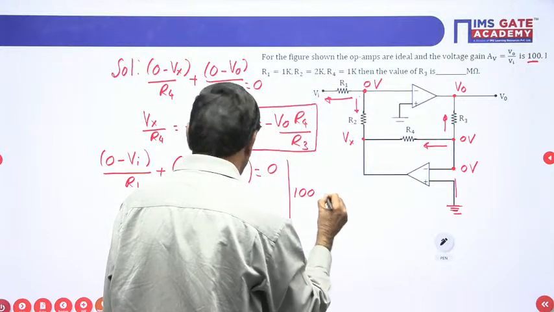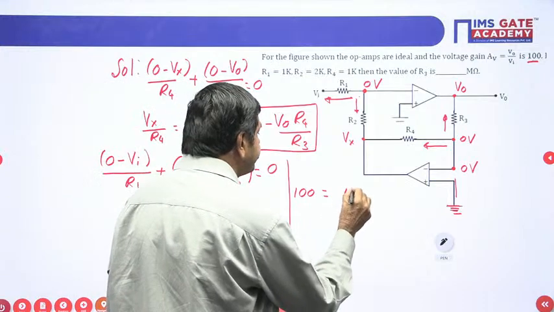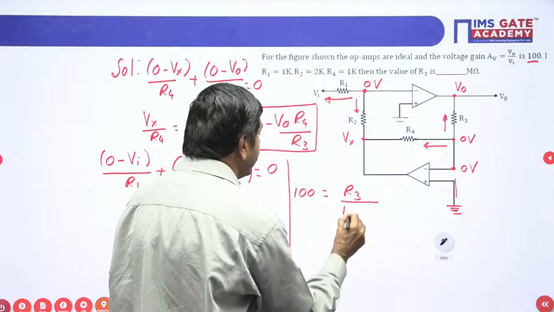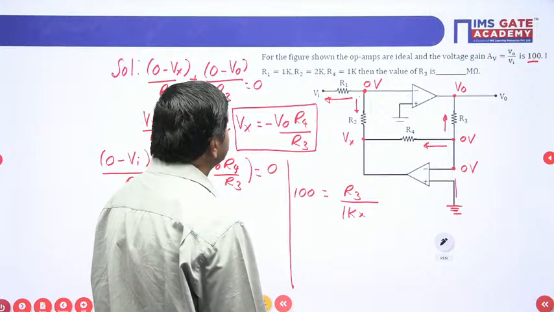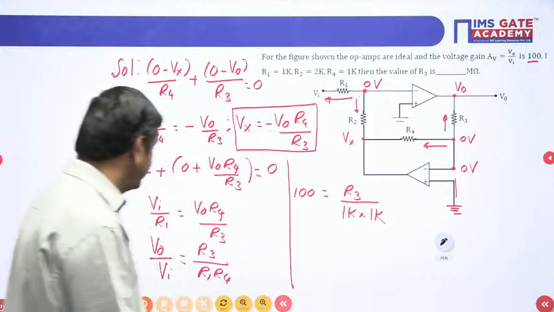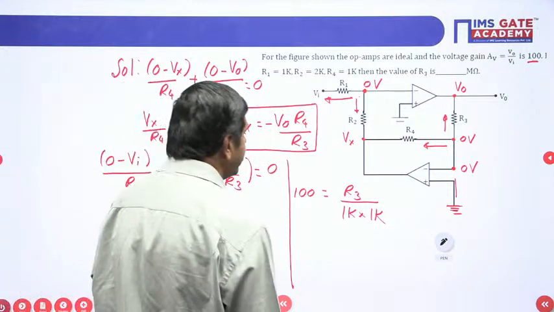So 100 equals R3 by R1 R4. R3 is required here. R1 is given as 100, R4 is given here as 1K. Finally you are going to get R3 in kilo ohms only now.